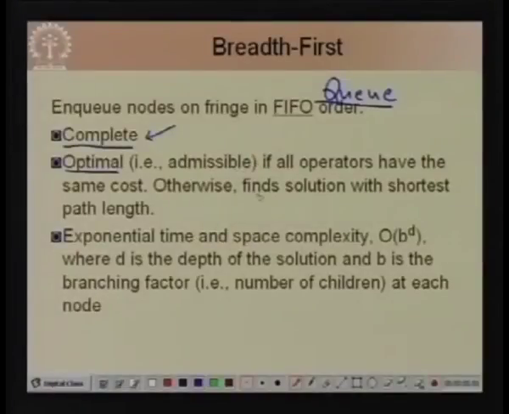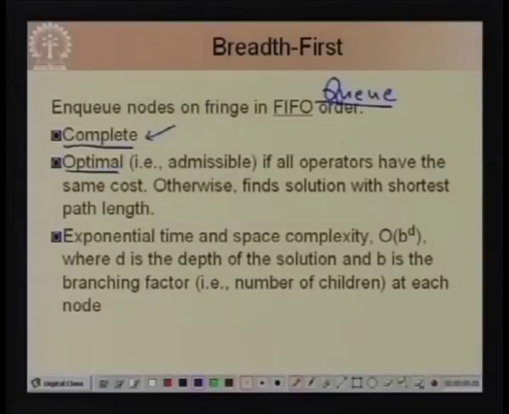However, if operators have different costs, then a goal node at depth 5 may have a cost of 10, whereas a goal node at depth 3 may have a cost of 23. So, in this case, breadth first search may not be optimum. So, breadth first search is optimum if all operators have same cost.